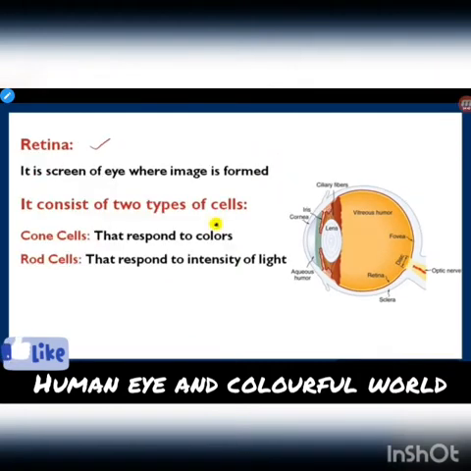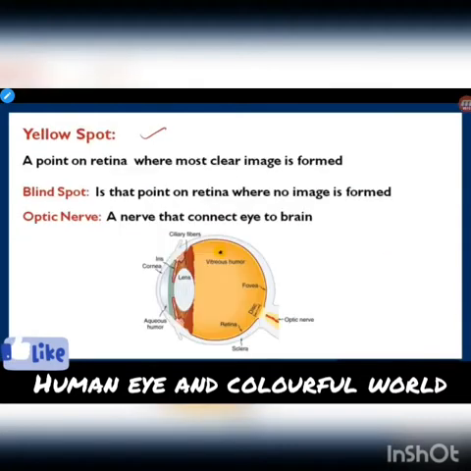It is the screen of the eye where the image is formed. It is the innermost part of the eye, and it consists mainly of two types of cells. One is the cone cell that responds to colors, and the other is the rod cell that responds to the intensity of light. Now there is a term called yellow spot.